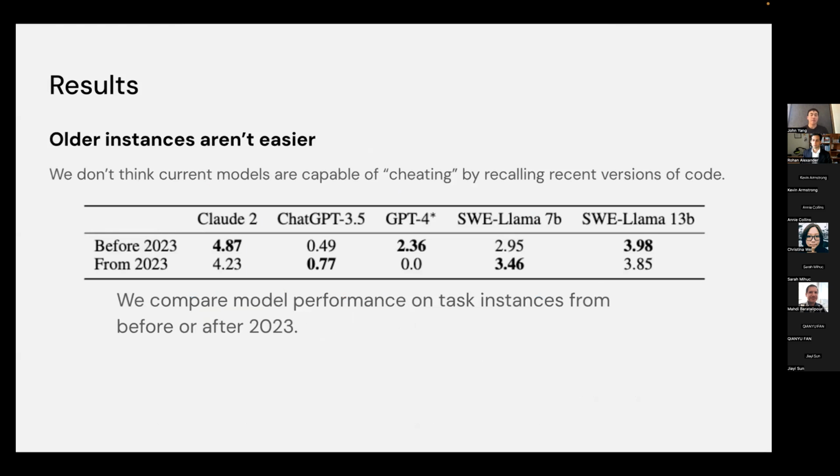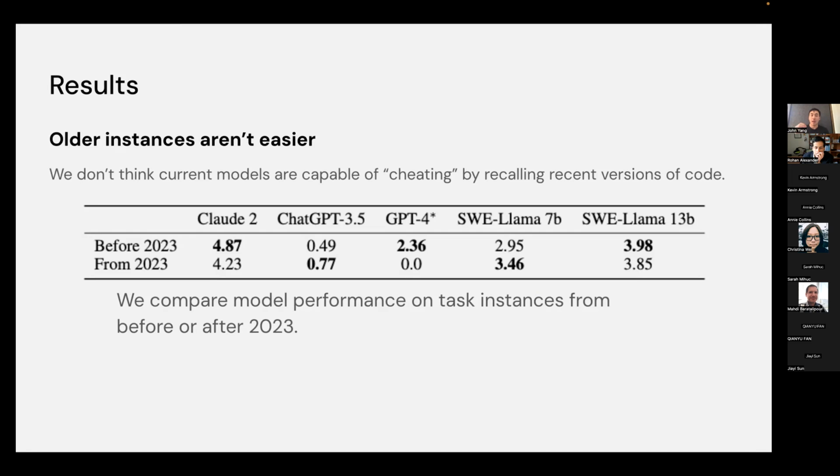Another thing is that, given that models have probably been trained on these repositories before, there is the question of whether the model might be memorizing these solutions, and whether, if you inflate it to enough parameters or train on these and potentially overfit to these repositories, this task might be rendered a bit trivial. What we find, just from filtering by date, is that we don't think current models are capable of cheating by bringing up memoized versions of the code.